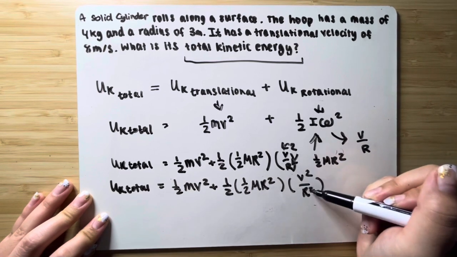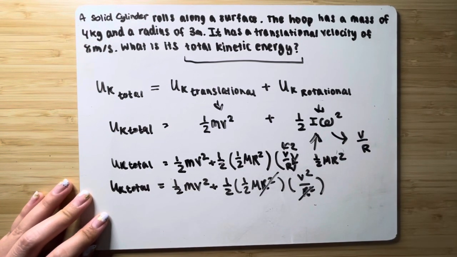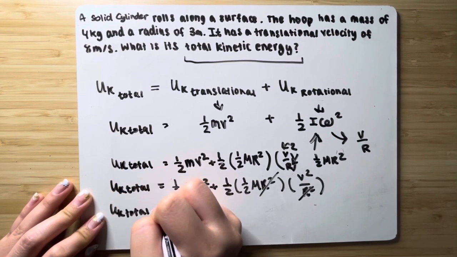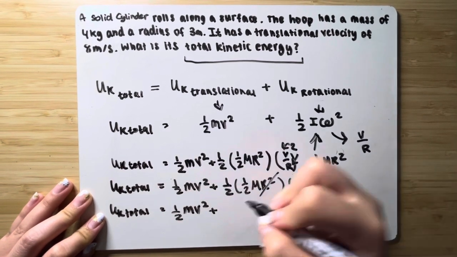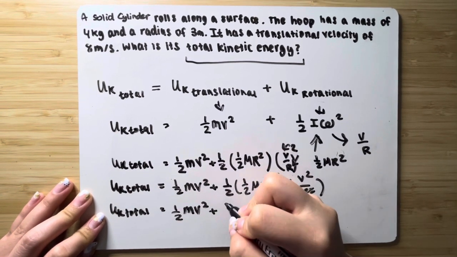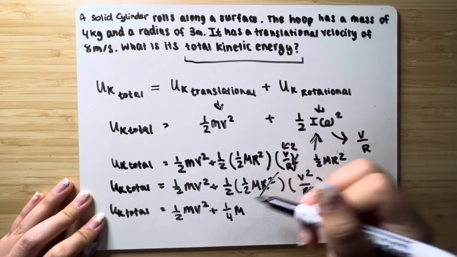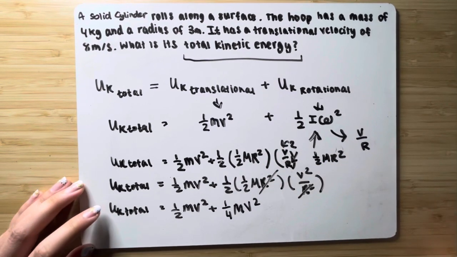Okay, this is the same thing as this. Then you cancel out the r squareds. You get KE total equaling 1/2 mv squared plus 1/2 times 1/2 is 1/4 mv squared. All right.